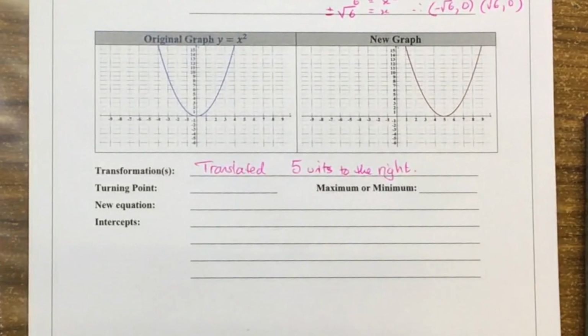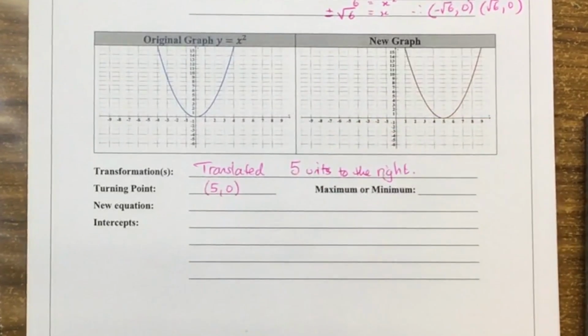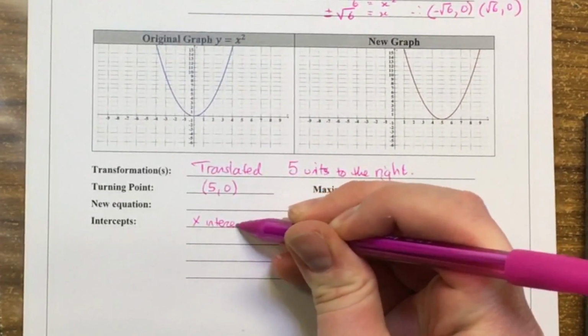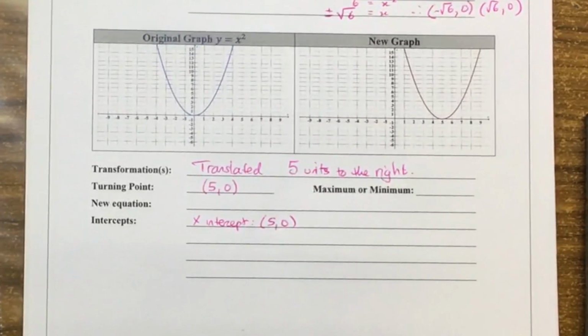So where is the turning point for this, friend? Oh yes, Ms. Hartwick. (5, 0). It is indeed (5, 0). So hooray, that means you also found the x-intercept, which is handy. There we go. Is it a maximum or a minimum? Minimum.